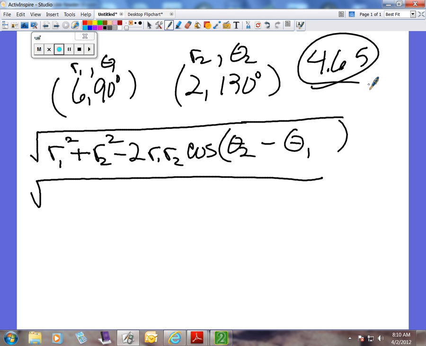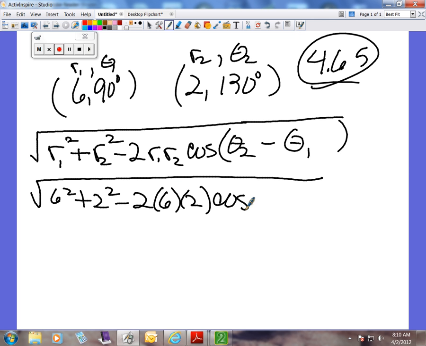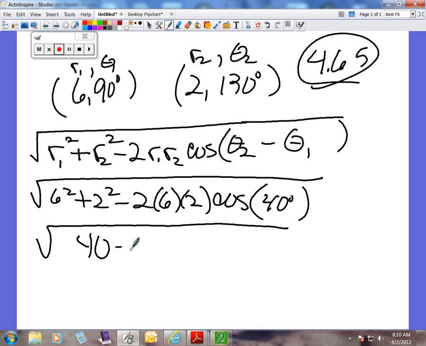We got 6 squared plus 2 squared minus 2 times 6 times 2. And what's theta 2 minus theta 1? 40. Now, I wouldn't run it through yet just to be safe, but 6 squared is 36 plus 4 would be 40.